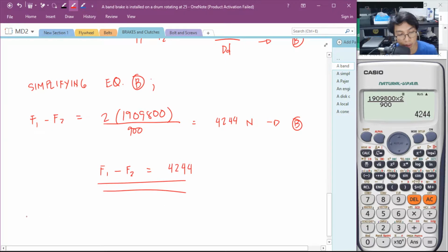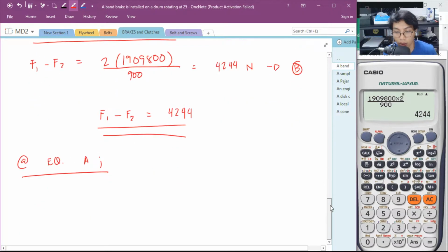How about equation A? Equation A natin is F1 minus F2 multiplied to e to the coefficient of friction 0.25 multiplied to 1.5 pi.